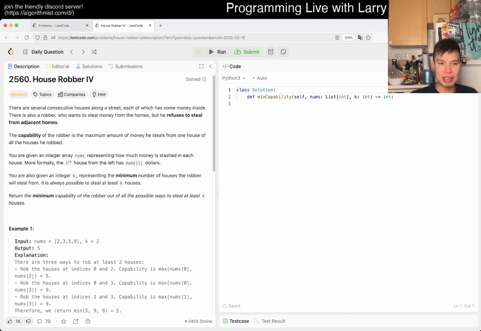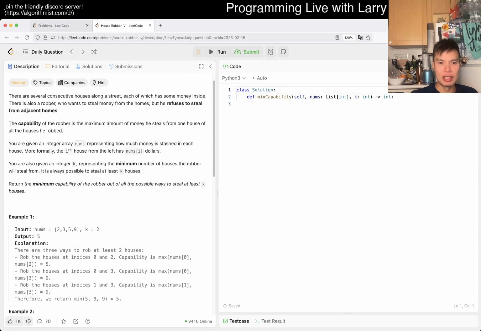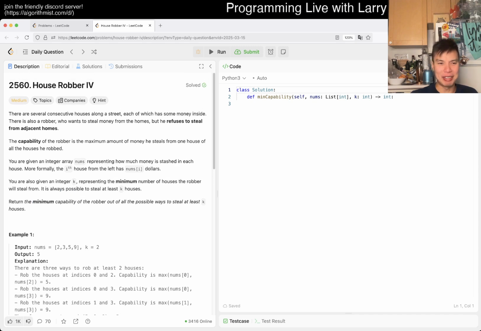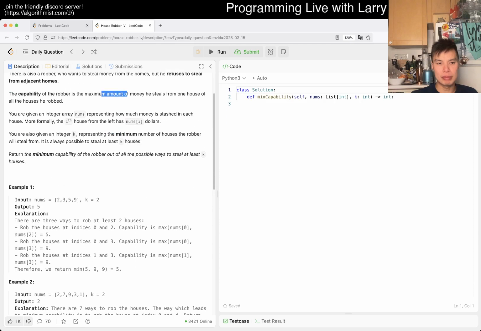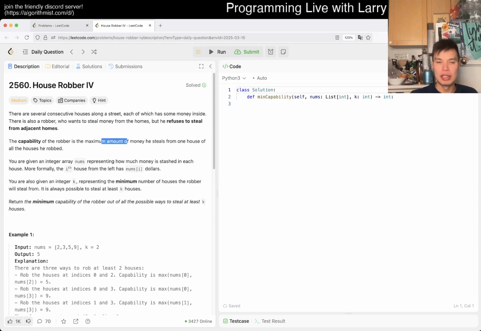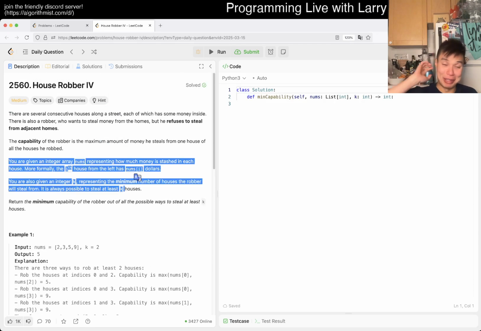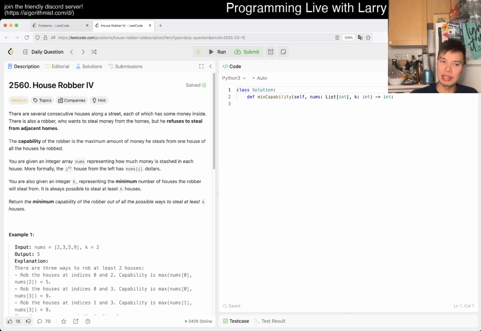So what does this mean, right? What are we trying to do? Minimum capability. The naming of these things is very awkward. That's why I'm having a second pause. The capability is the maximum number you steal from one house. Okay, so my understanding for now, and maybe it's wrong because this is very awkwardly phrased in general, is that you do not steal from adjacent houses.